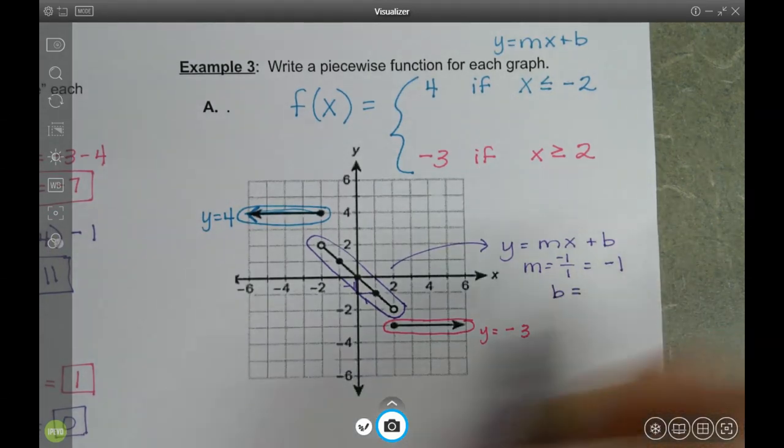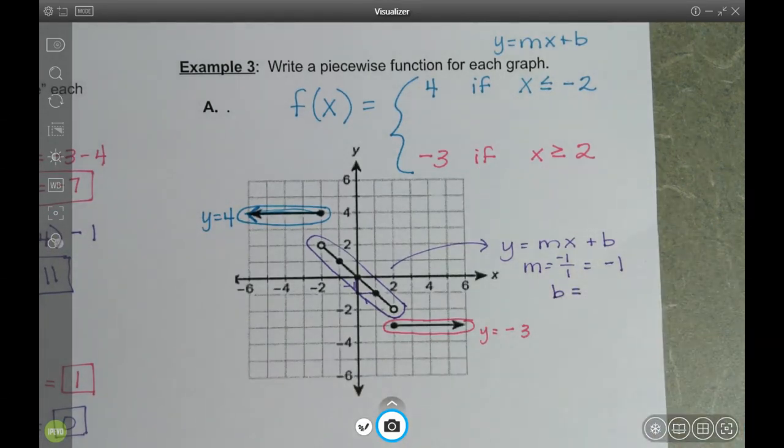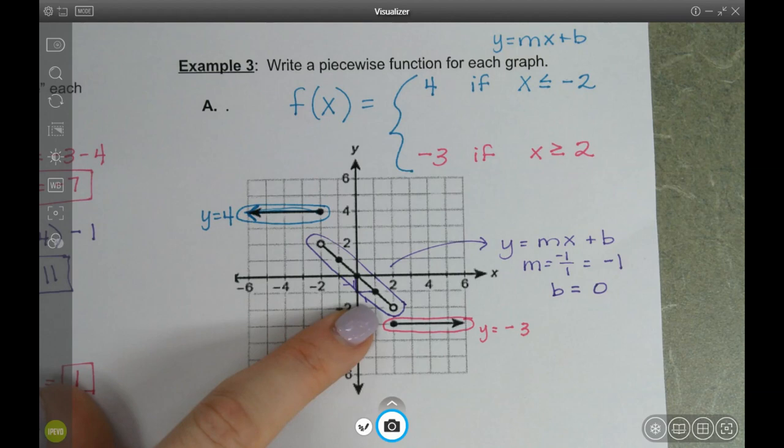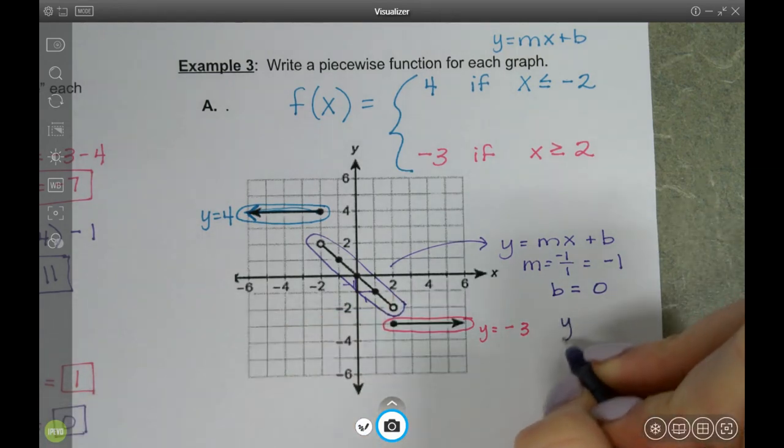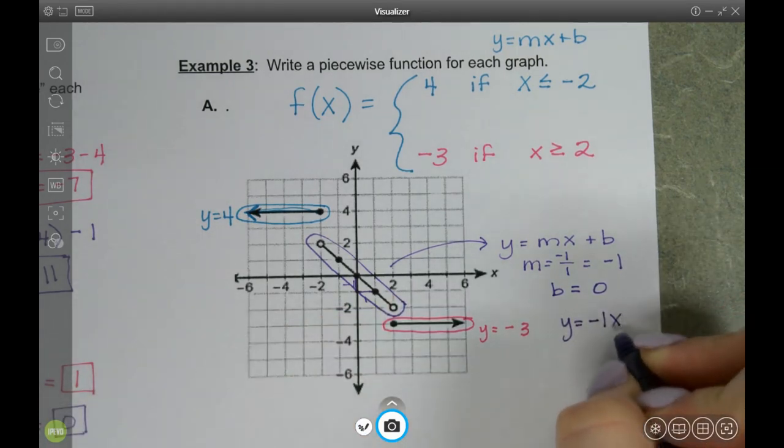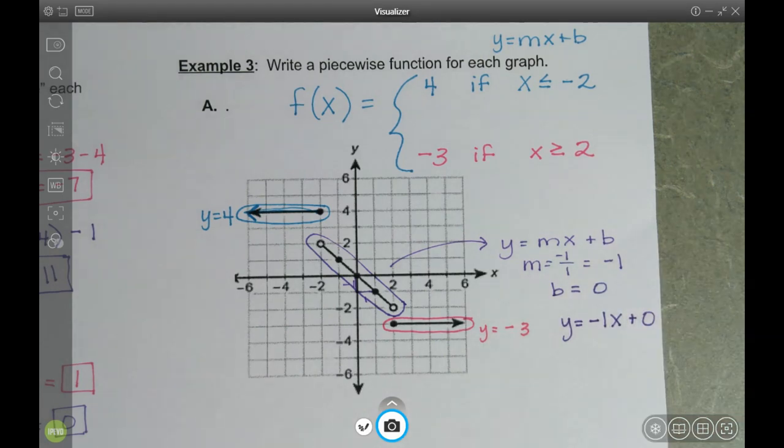What's the y-intercept? What's a y-intercept just in general? It's the point where it crosses the y-axis. Well, at what point do we cross the y-axis? 0. So the equation of this line that I've colored purple is y equals -1x plus 0. Do I have to have that -1?